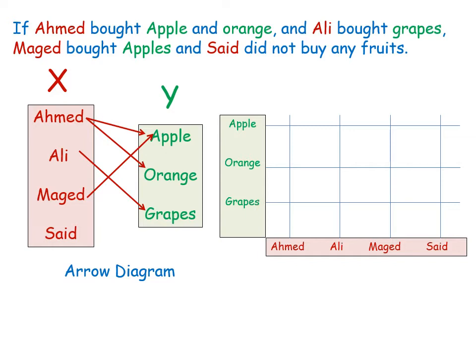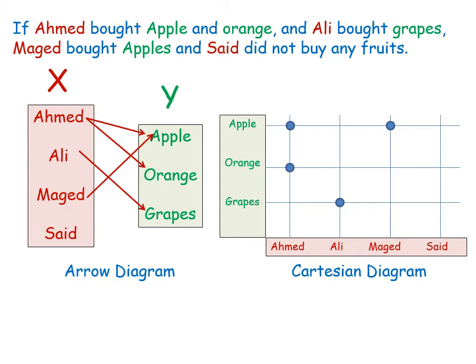So Ahmed bought apple and orange only, he didn't buy grapes, so there is no point at Ahmed grapes. Ali bought grapes, Majid bought apple, and Said didn't buy anything, so there is no intersection point in Said's column, and that's called a Cartesian diagram.